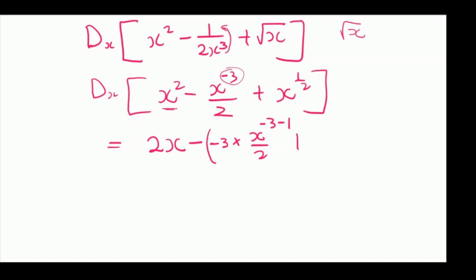So you can leave it like this if you want. This can be your final answer, or you can simply write it as 2x plus 3 over 2x to the power of 4 plus 1 over 2 root of x. So this can be your final solution, or you can write this one as your final solution.